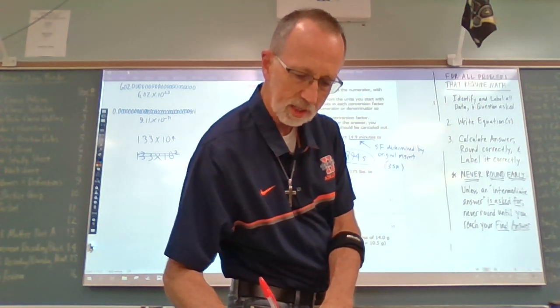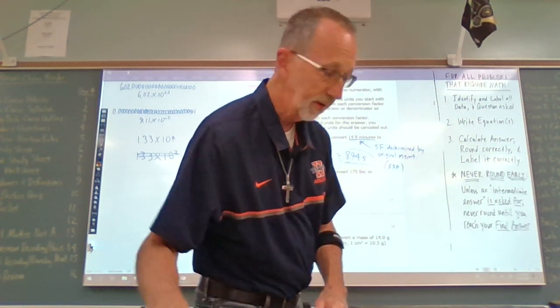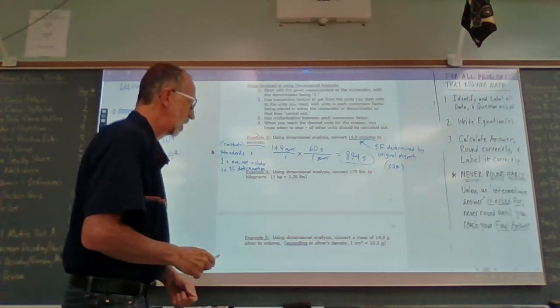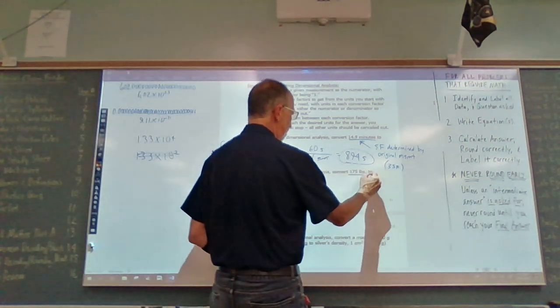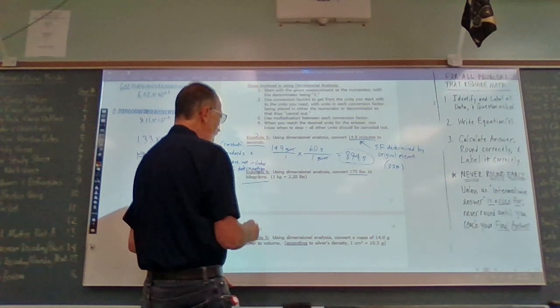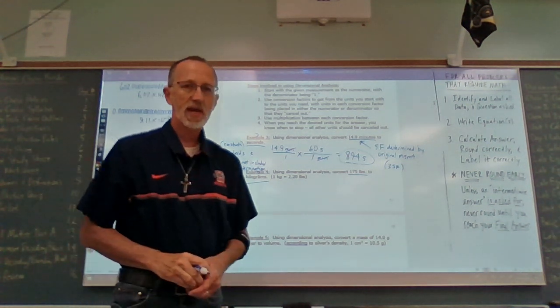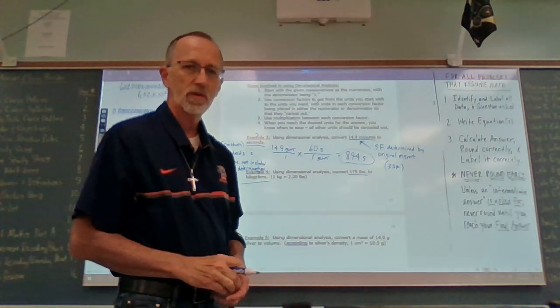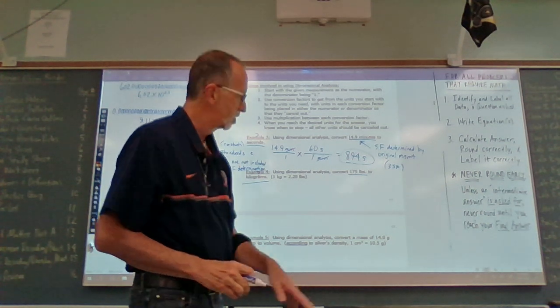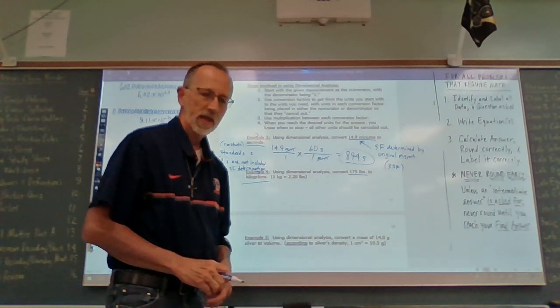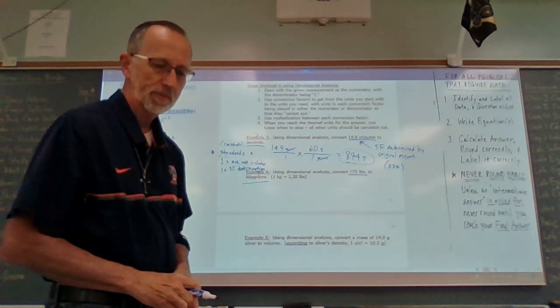Little note here. All right, using dimensional analysis, convert 175 pounds to kilograms. So this is a metric to English conversion. We don't probably all know what those are, so I listed that here for you. A kilogram is equal to 2.20 pounds.